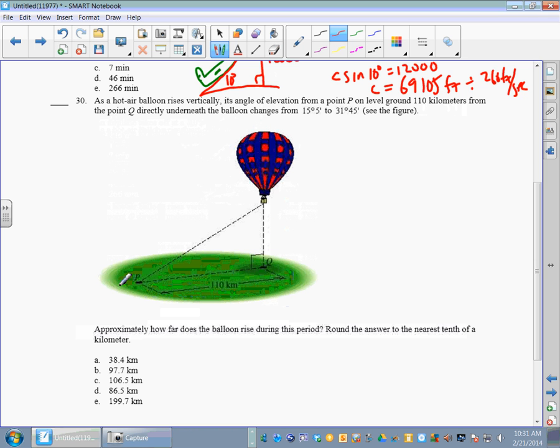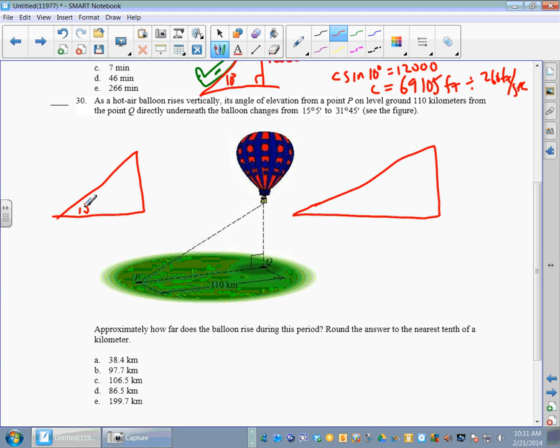30. How'd you set this one up and solve it? I mean, there's no one approach better than the other approaches, but what would be a good approach? Yep. I did 2 different equations, one is tangent of 31 degrees, 45 minutes, for 110, and tangent of 50 degrees, 5 minutes, for 110, and then I subtracted something. Okay. 31 degrees, 45 minutes. Both 110, right? So there's one height and there's another height.